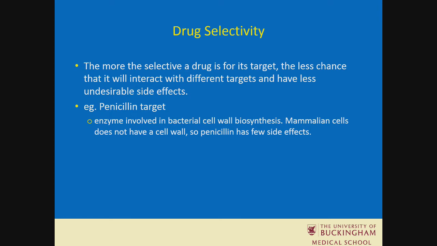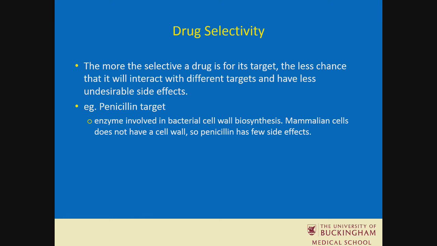But there are other interesting things. So penicillin is actually a very safe drug. It's highly selective because it binds to a transpeptidase enzyme that's only found in bacterial cell walls, which is responsible for the synthesis of those bacterial cell walls. So it binds and inhibits that.